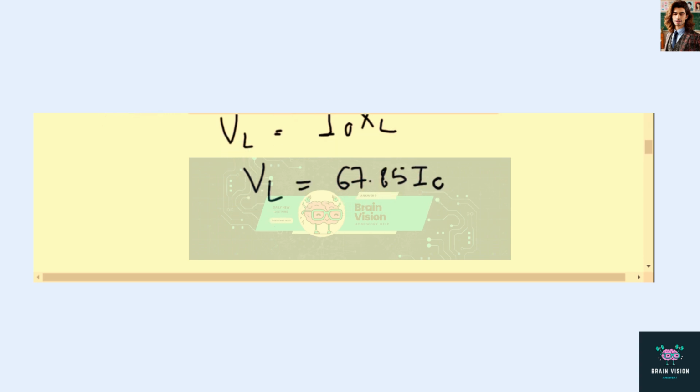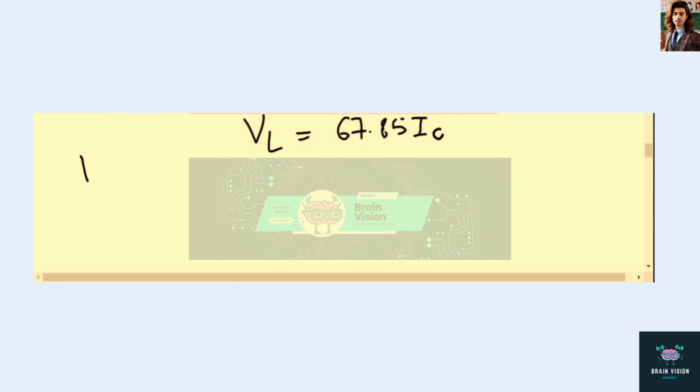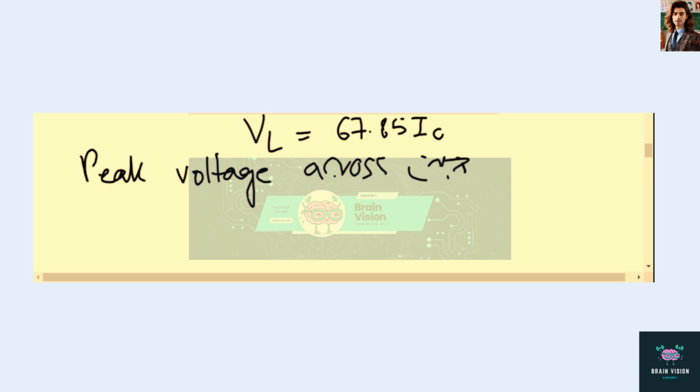The next thing that we need to find out is the peak voltage across the capacitor, and that is VC equal to I naught times XC.